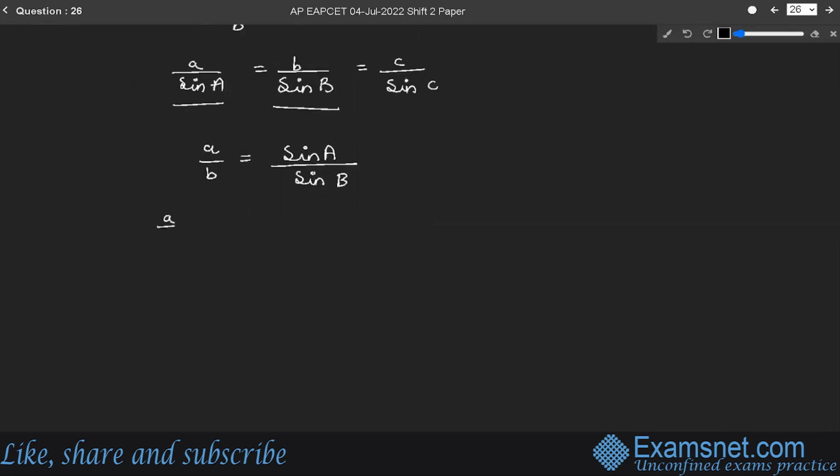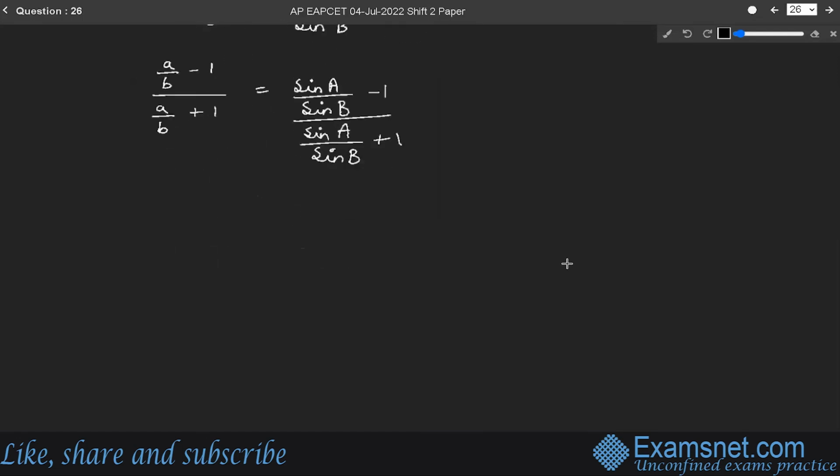So it becomes a by b minus 1 divided by a by b plus 1 is equal to sine A upon sine B minus 1 divided by sine A upon sine B plus 1.